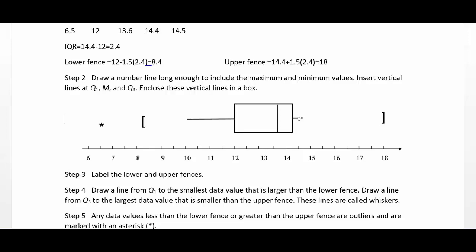So that's why there's a little tiny line above it. And then below Q1, below the 12, we had one value about 9.9. So we extended the line past that point. And because we didn't have anything else between here and the lower fence, we wouldn't connect those. So this is a box plot of this particular data.